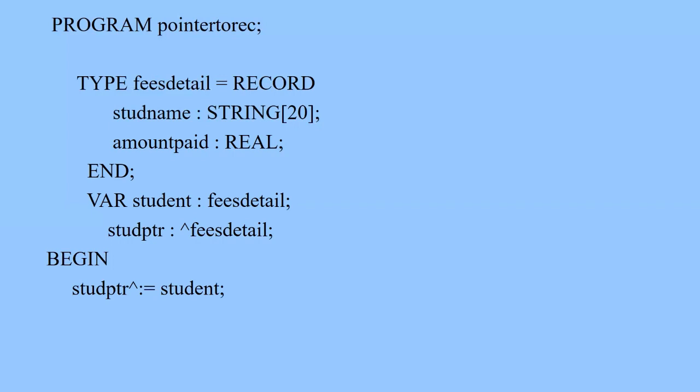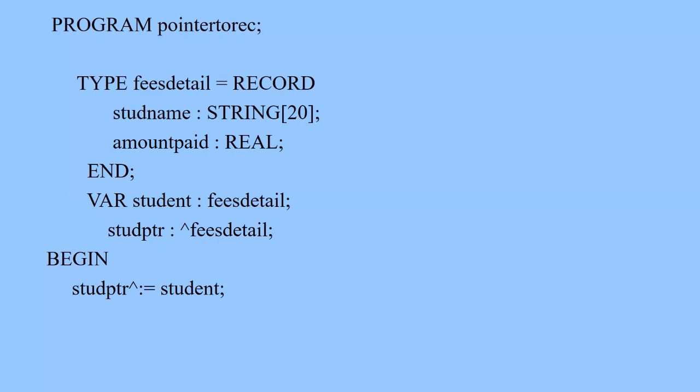So here we initialize our pointer called student pointer with the record through the object called student. So the address of the object or of the variable called student, which we know is of type record, we assign to that pointer called student pointer.